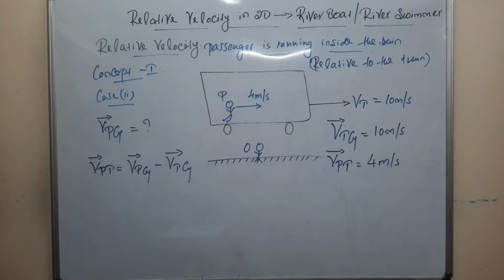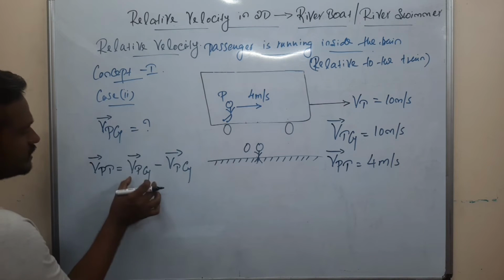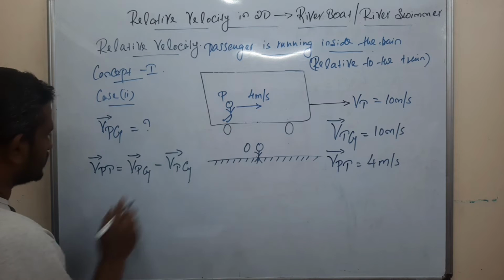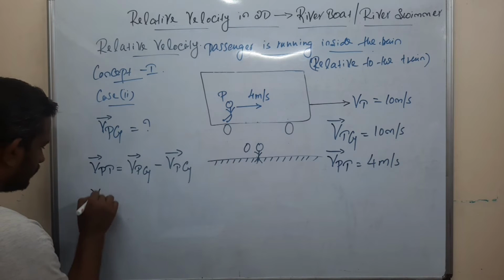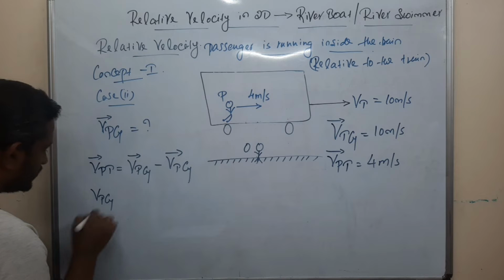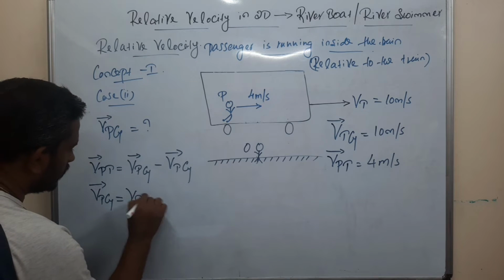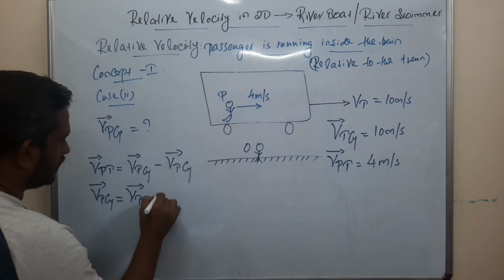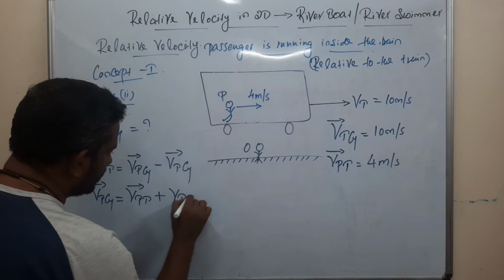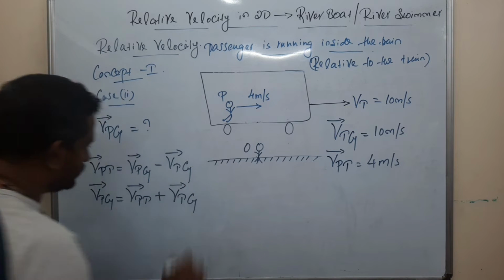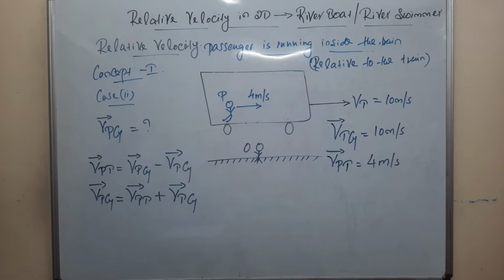Clear? From this we have to find the velocity of the passenger as seen by this observer. So V Pg is equal to V Pt plus V Tg.